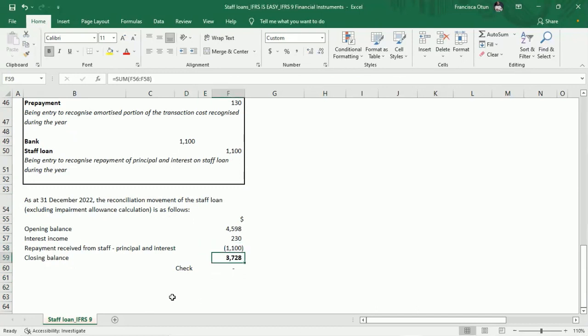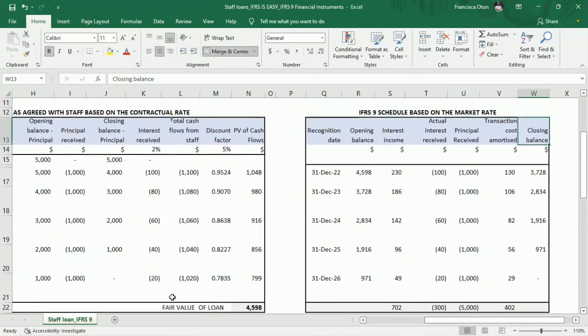So the closing balance is 3728, which checks with what we have as a closing balance under IFRS 9. So basically that is how it works. Okay, so let's go back to our slides.